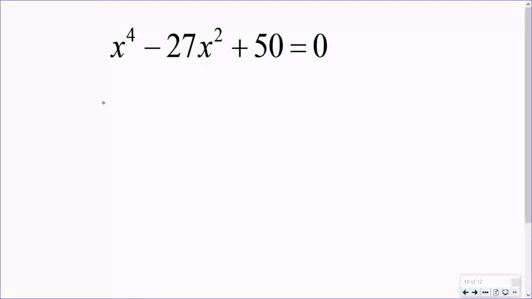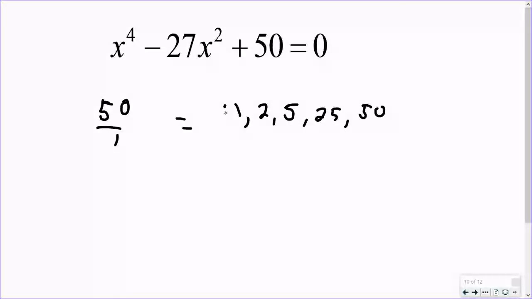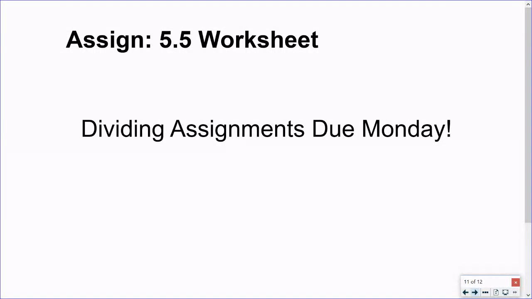Then I got 50 over 1, so that means I got 1, 2, 5, 25, and 50. They can be both plus or minus because they could be positive or negative multiplied to make that. That's what we got for today.